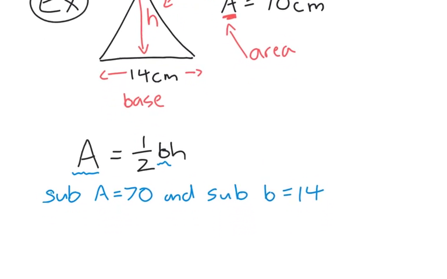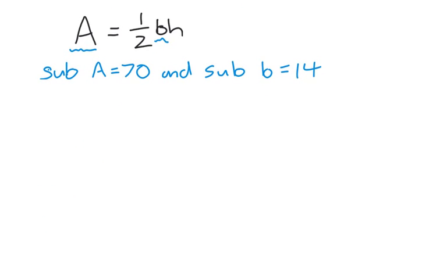I'm going to move this up so I have more space to work with. You'll notice when I substitute in a value, I'm going to use brackets. I'm going to replace the variable of A with 70 in brackets, and I'm going to replace the variable of B with 14 in brackets. Everything else stays the same.